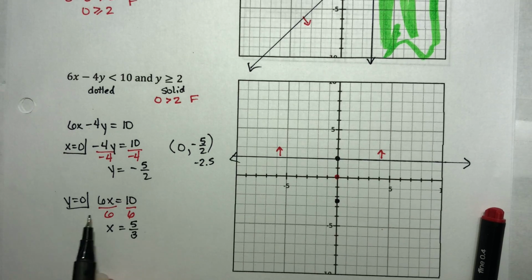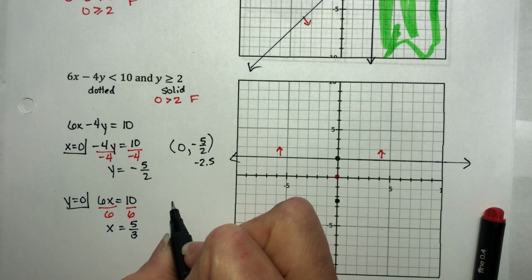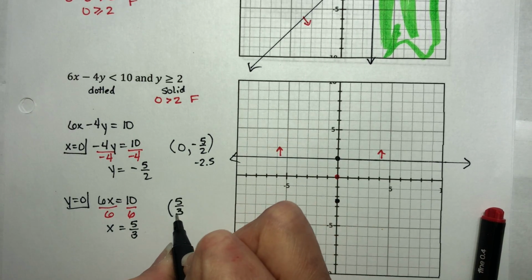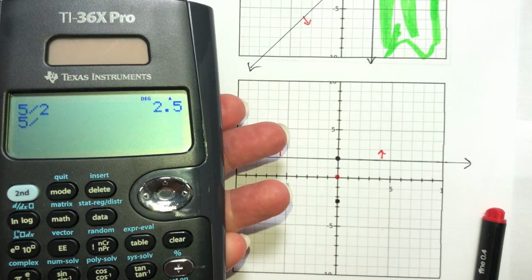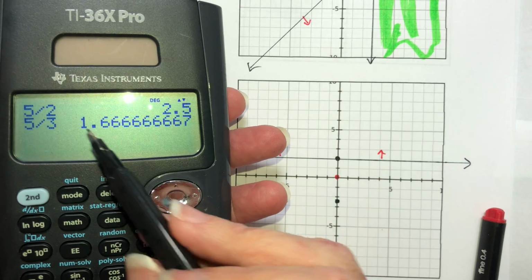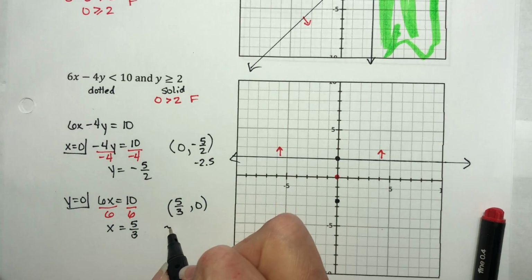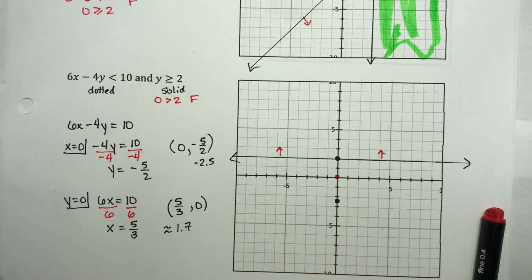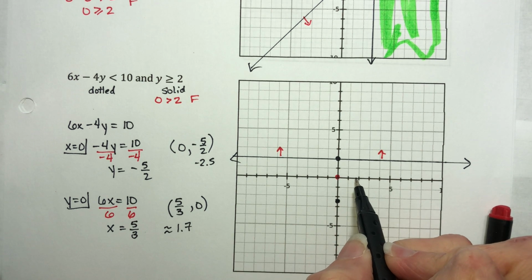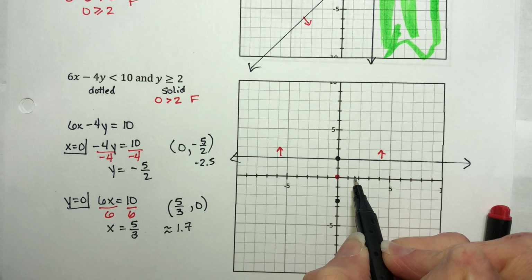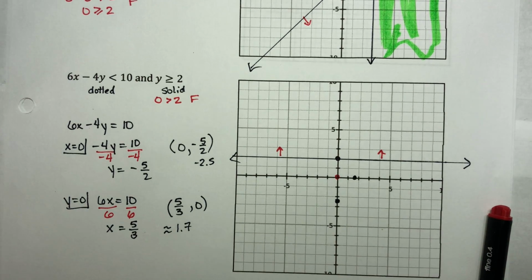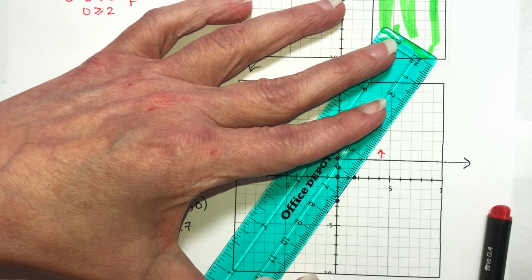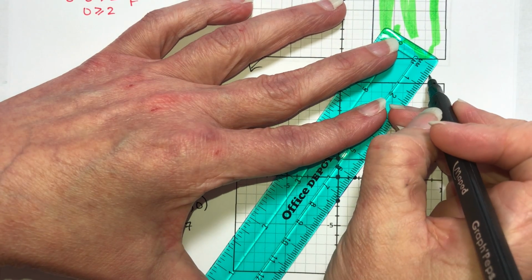So if you were asked to tell me the x-intercept, it would be 5/3, 0. Now 5 divided by 3 is approximately 1.7. So go to 1.7 and 0, which is right there. Now this is supposed to be a dotted line, so make sure you draw it that way.